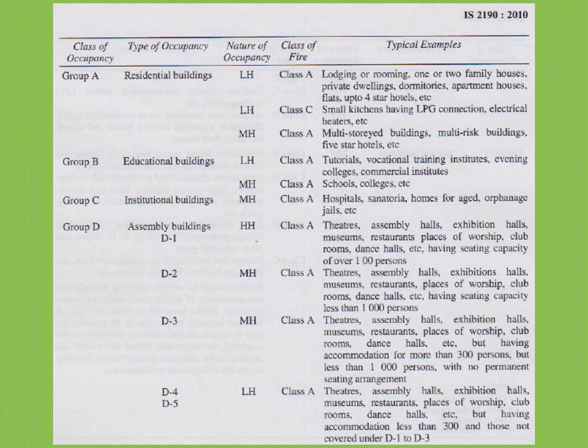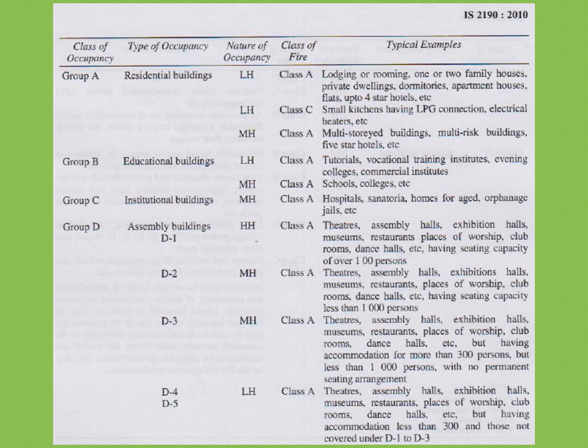Friends, this is a most versatile slide in which there are different types of recommended fire extinguishers. The first column shows you group A, B, C, D type of building, and the second one shows their type name.